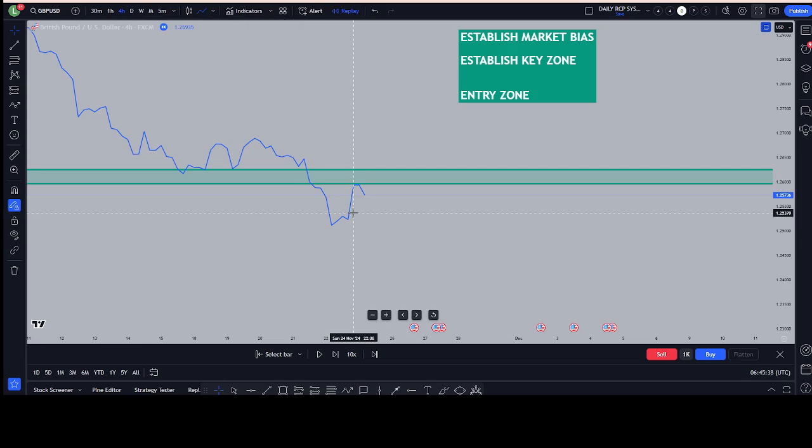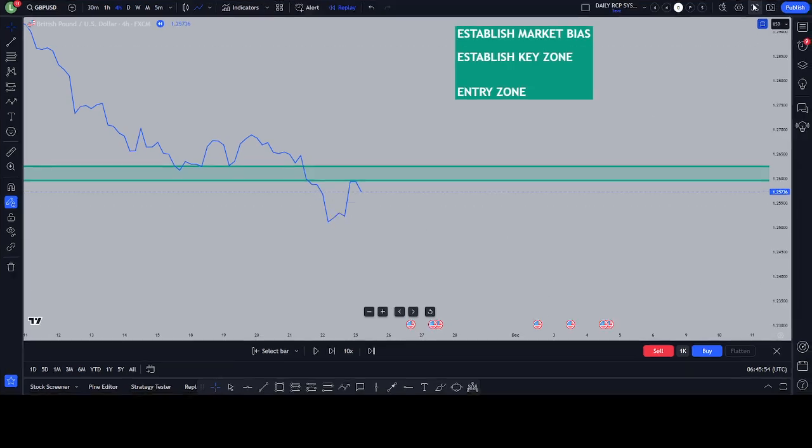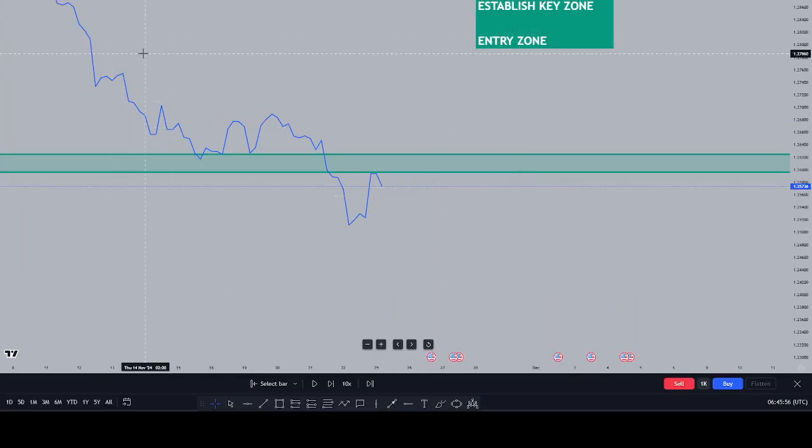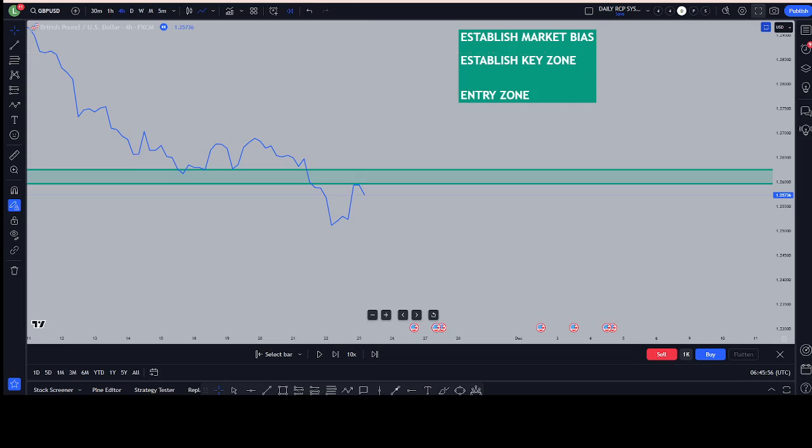So we need the minor structure to correct to bearish structure so that it can go in the same direction as the sellers that are ruling the weekly time frame and the daily time frame as well. Now let's change the price action chart to bar chart.